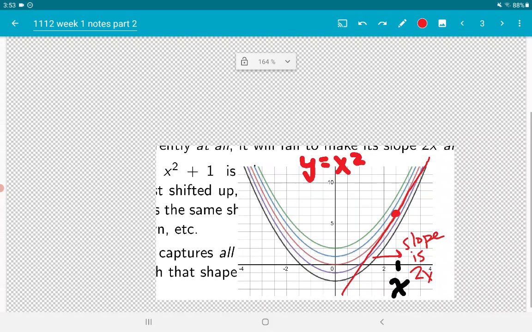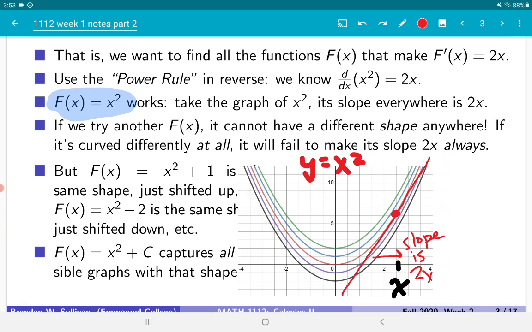That's the sense in which the derivative of x squared is 2x. Or in other words, one such antiderivative of 2x is x squared.